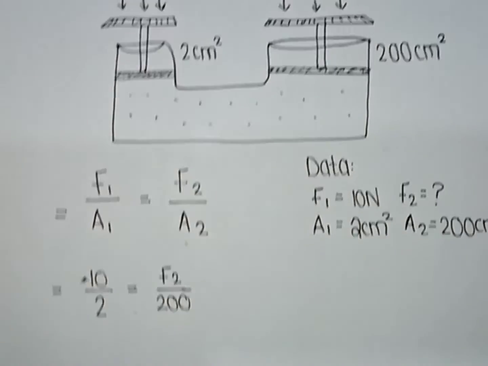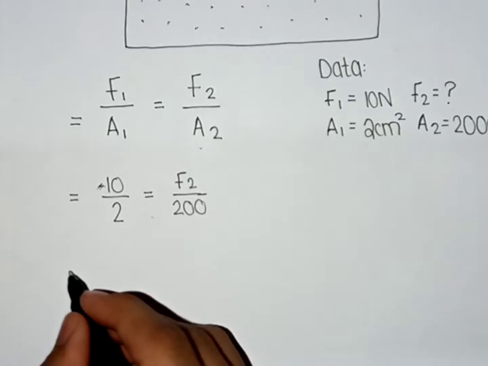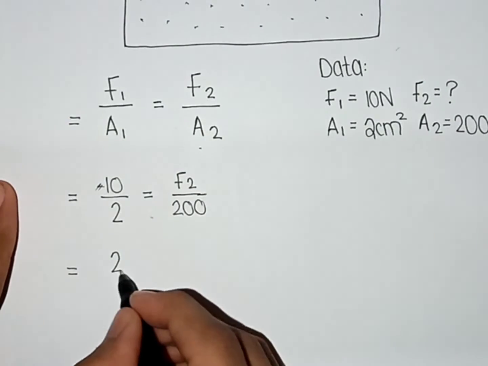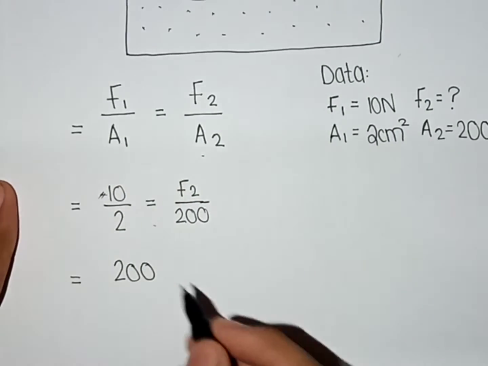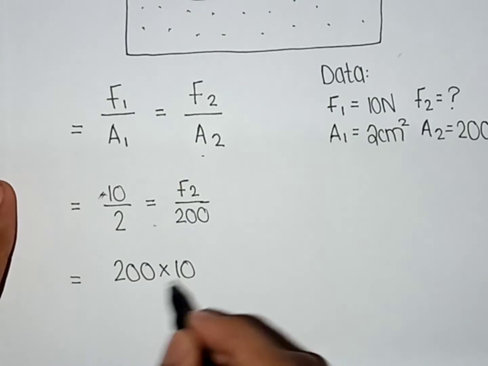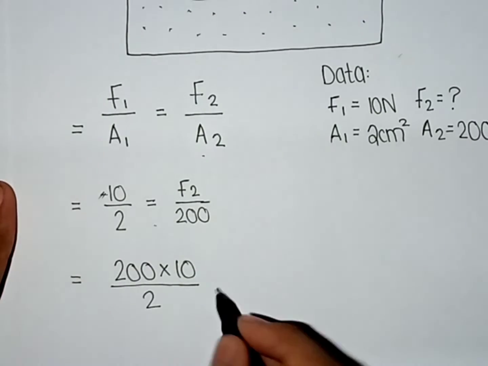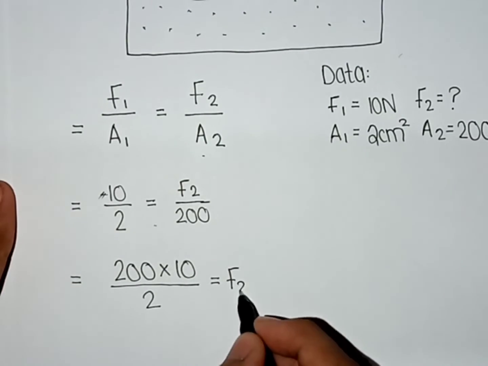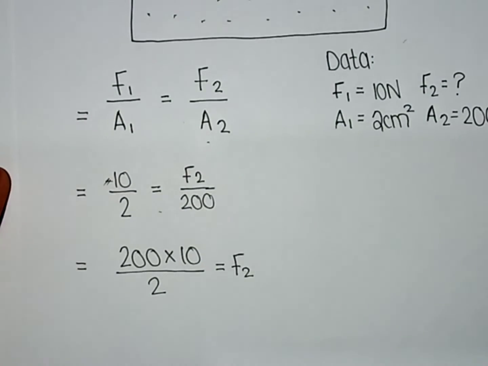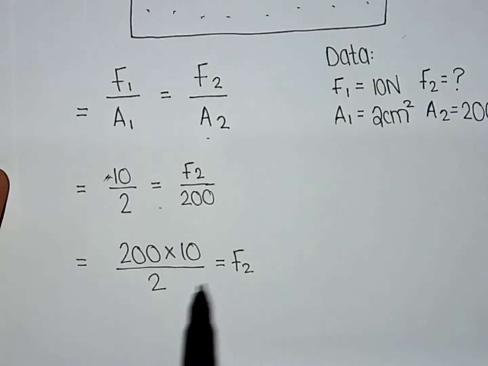It will be created like this: 200 multiplied by 10 upon 2 is equal to force 2. This is what we need to work out.